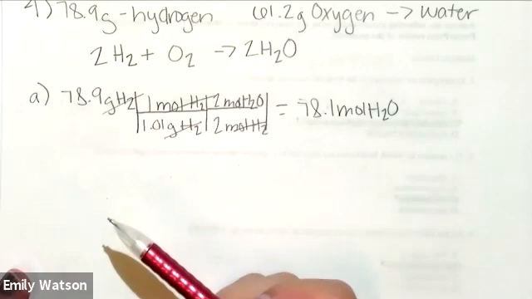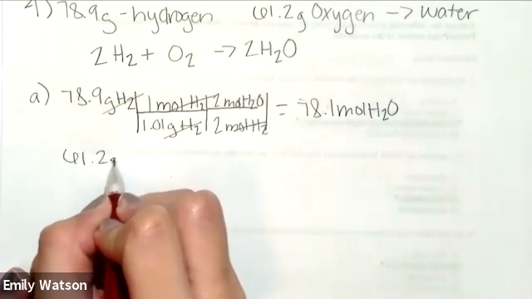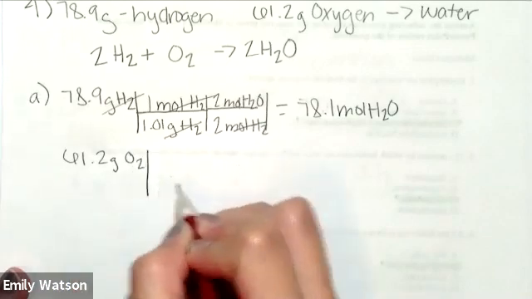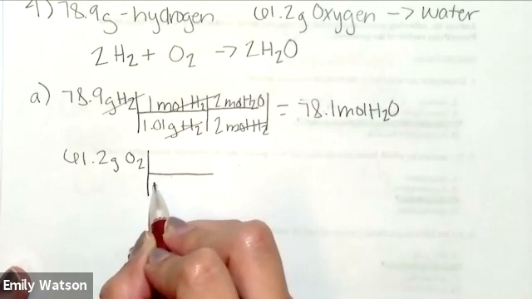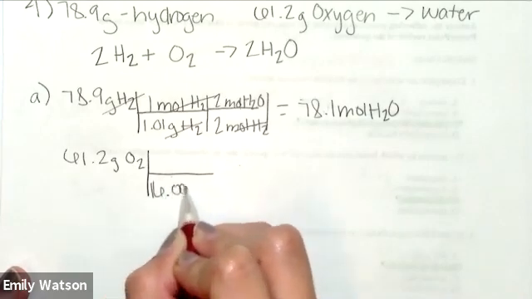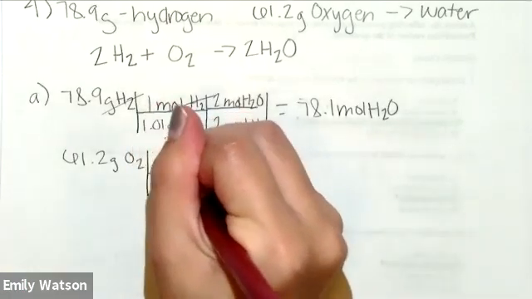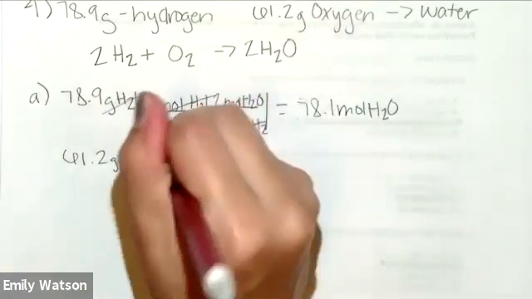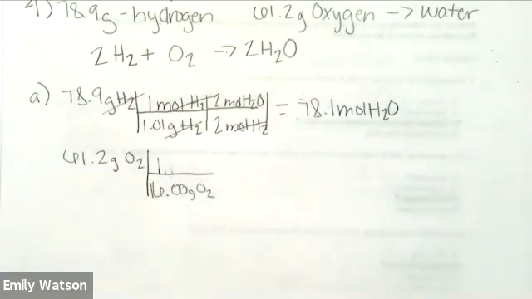So we're going to do this again, but for oxygen. We're given 61.2 grams of O2. What's the molar mass? 16.00 grams O2 goes to 1 mole. Oh my goodness, I cannot write. Well, O2, why is it?